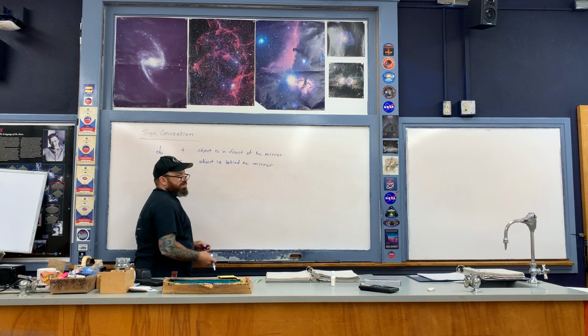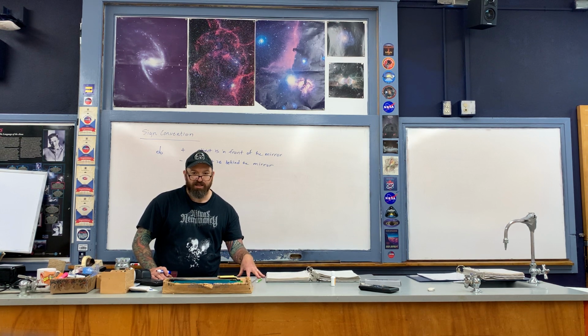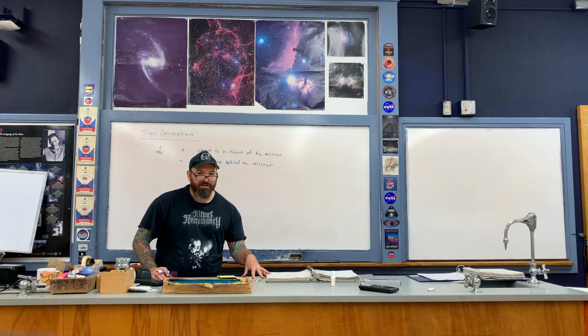How can an object be behind the mirror? That doesn't make any sense. Well, an object can be behind a mirror if it's a mirror combination, because the image of the first mirror becomes the object for the second mirror. And if that object is behind the second mirror, then it's a negative number. You'll see this in an example involving telescopes later on.